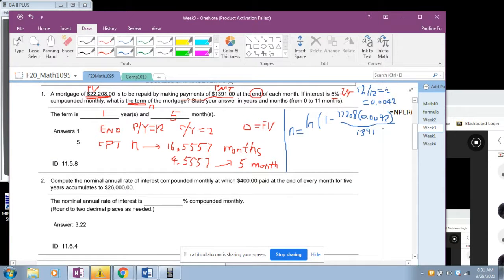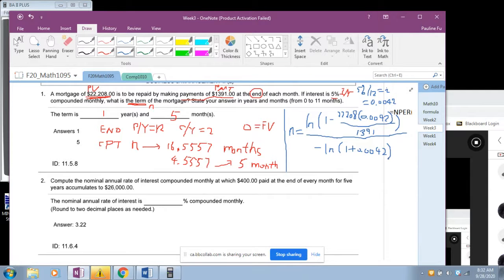And then closing bracket, closing bracket, and then divided by negative 1, bracket, 1 plus I. So I is 0.0042.